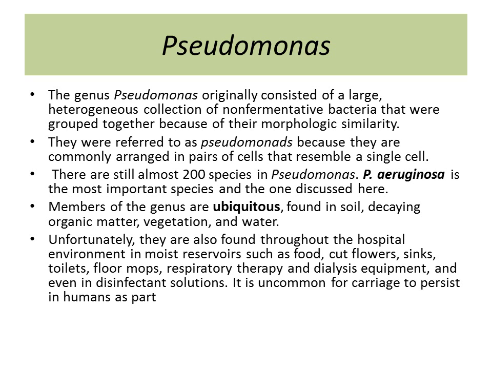So if you look at the genus, like a bigger group, Pseudomonas as a group, what you saw was a heterogeneous collection of non-fermentative bacteria. Again, for the first 10 lectures, I'm very keen on asking whether you know how bacteria ferment, and whether they need to ferment or not.